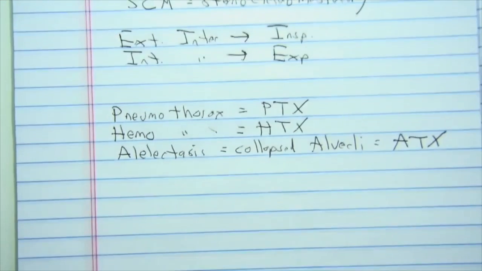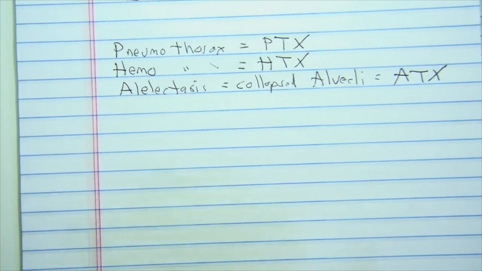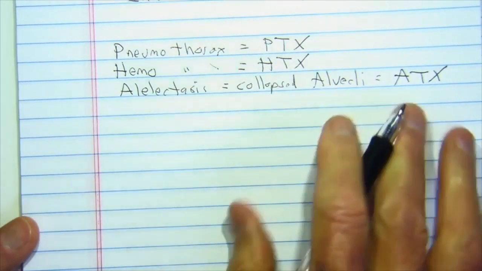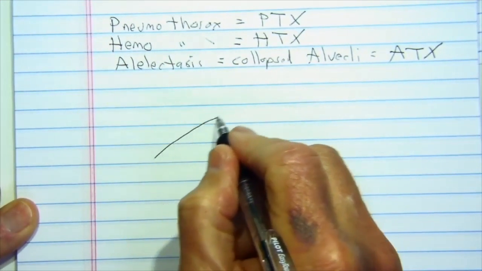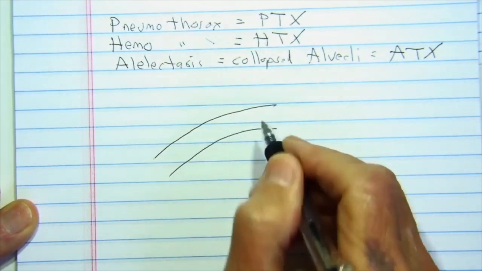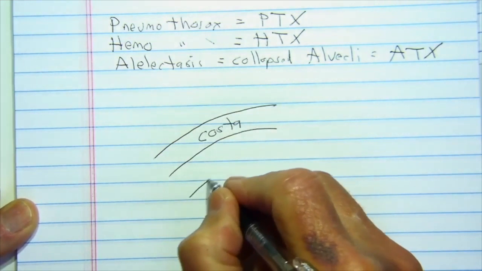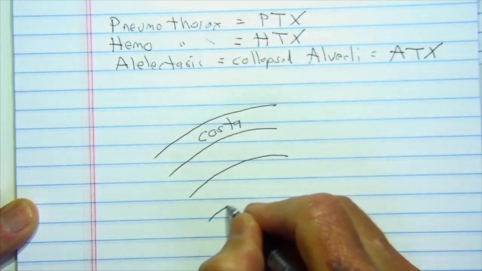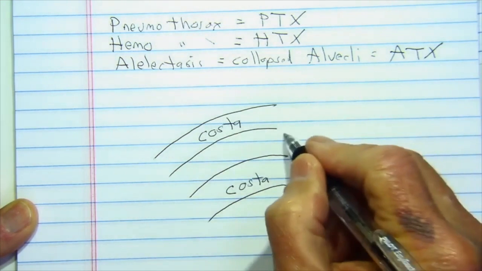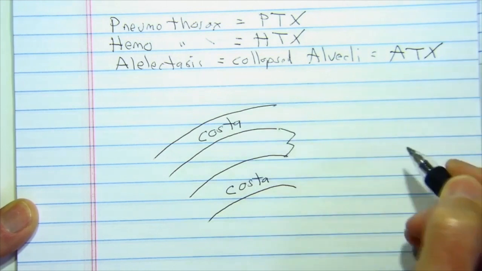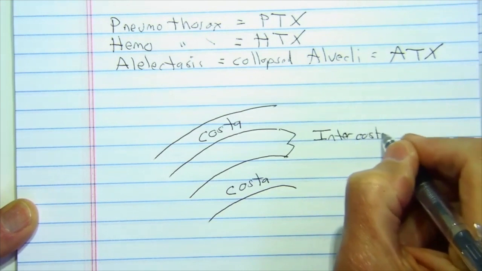So just to think of those in a real simple diagram here, let's review for a second the ribs that we have in the body. So here's a rib. Remember, a rib is called a costa. Then I've got a space, and then I have another rib, which is a costa. And sitting between those two ribs is what's called the intercostal space.